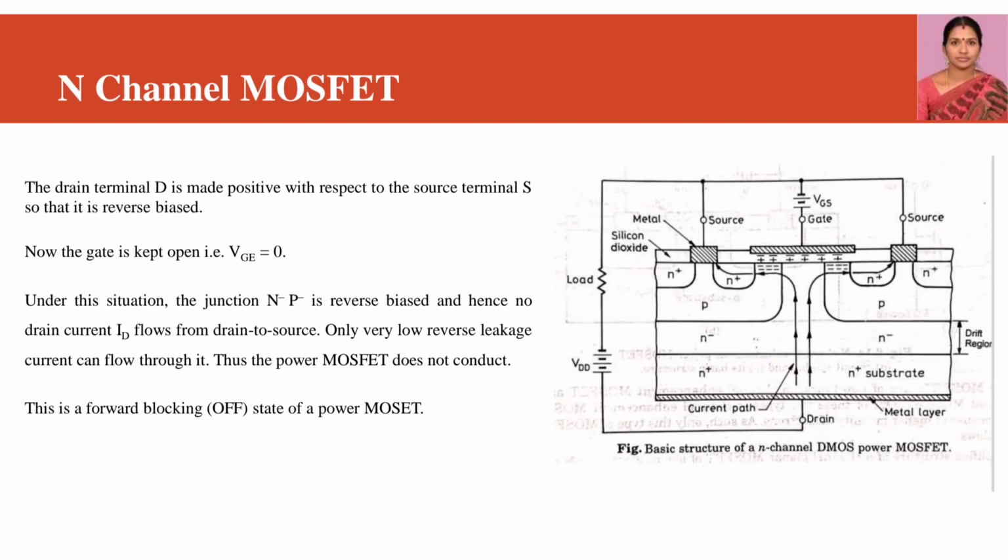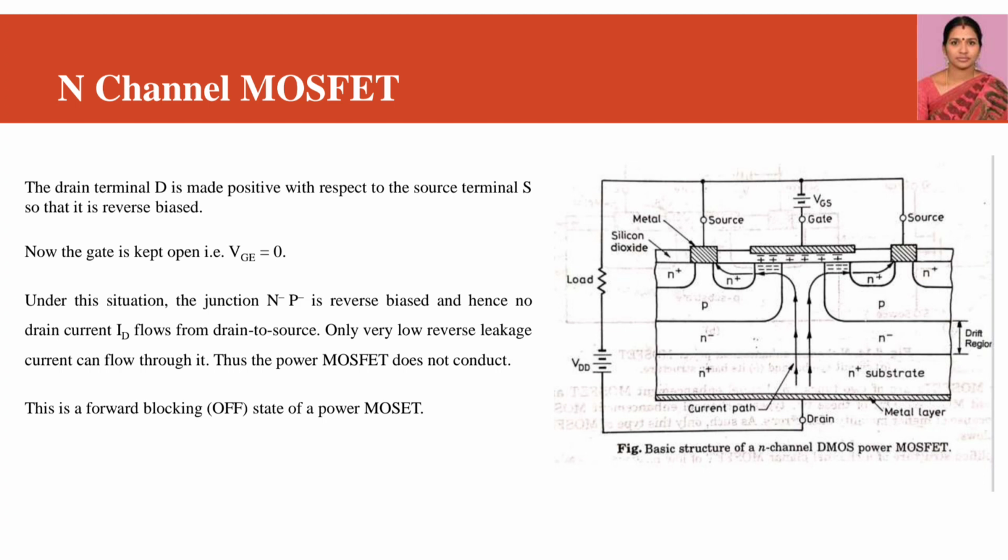This is the N-channel power MOSFET. The N-channel power MOSFET shown in the figure is a planar diffused metal oxide semiconductor device. In this there is an N plus substrate of high resistivity. The N minus layer is epitaxially grown. The thickness of the N minus layer determines the voltage blocking capability of the device.